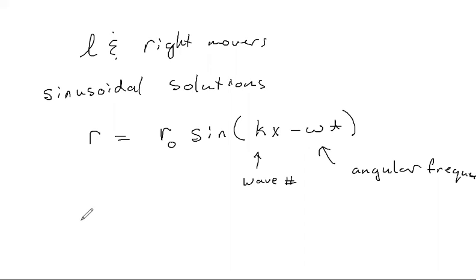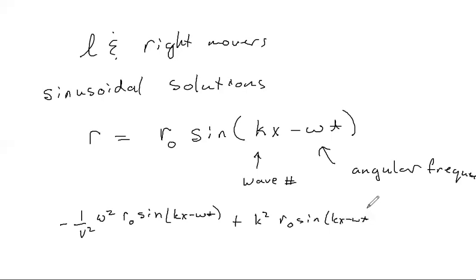The time derivatives give us factors of omega, so we get 1 over v squared times omega squared, minus R naught sine of kx minus omega t, plus k squared times R naught sine of kx minus omega t, equals 0. So that's what I get when I plug it into the wave equation.